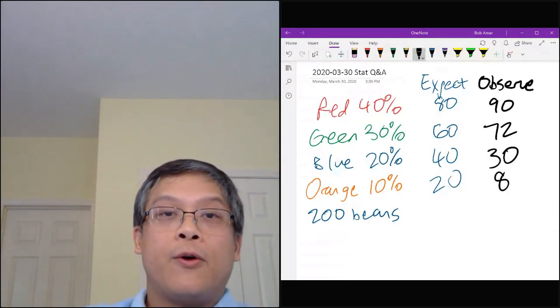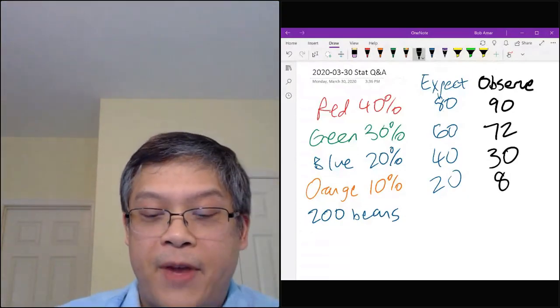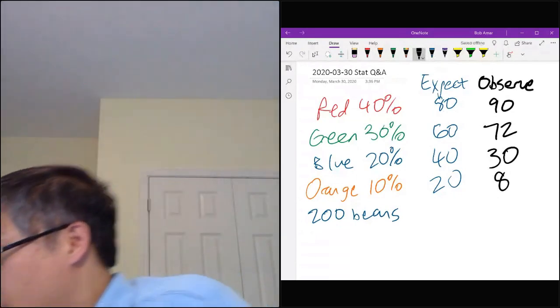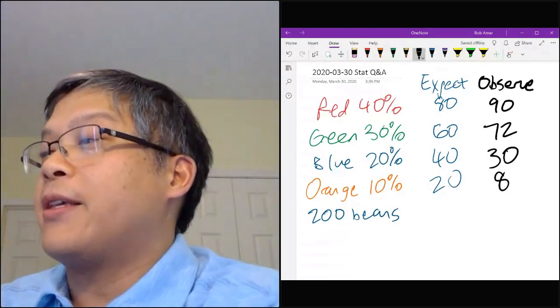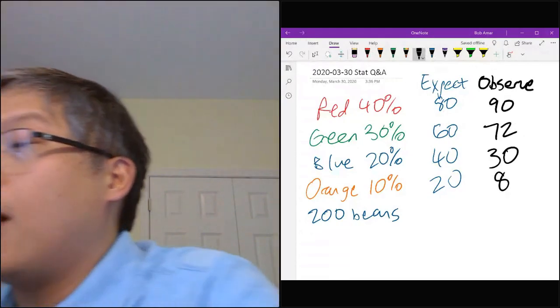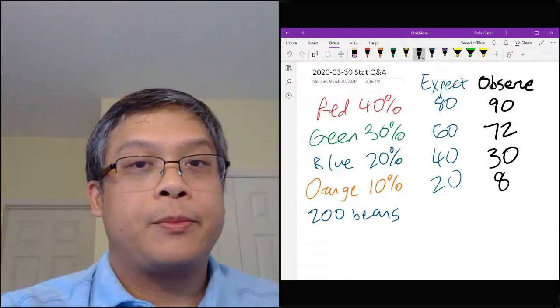Okay, so this is what we call a chi-squared goodness of fit test. In a chi-squared goodness of fit test, you're checking to see whether the observed proportions are equal to the expected proportions.